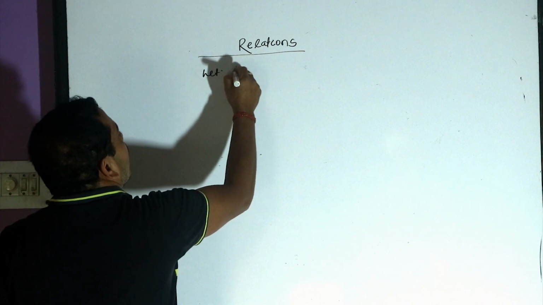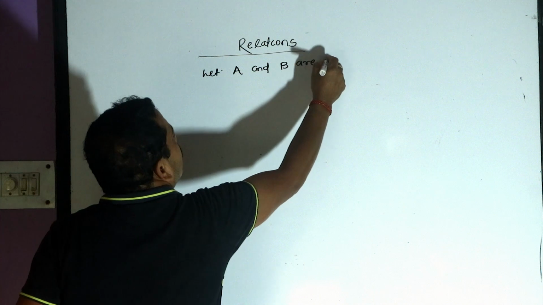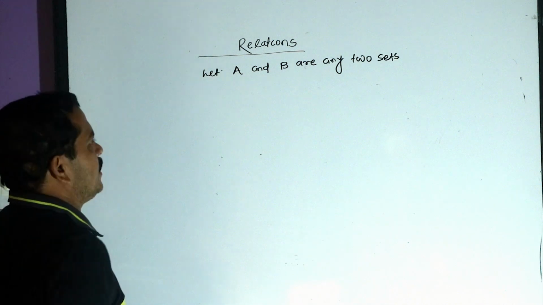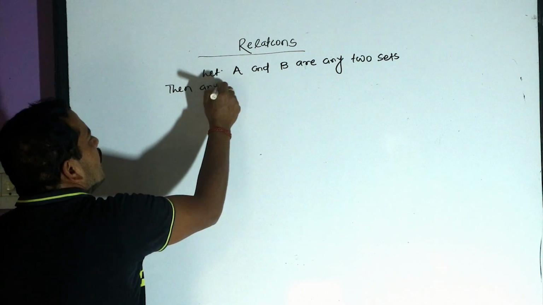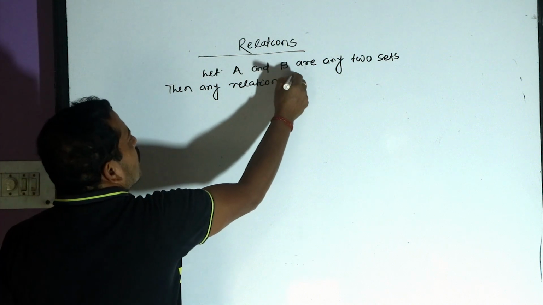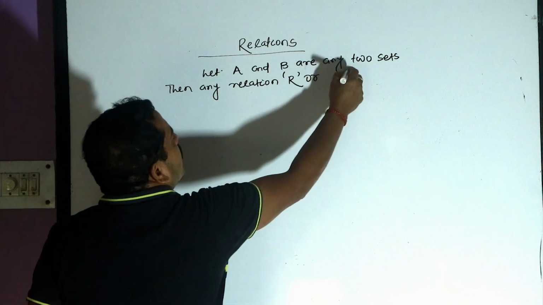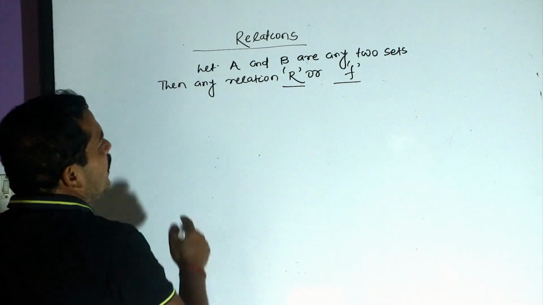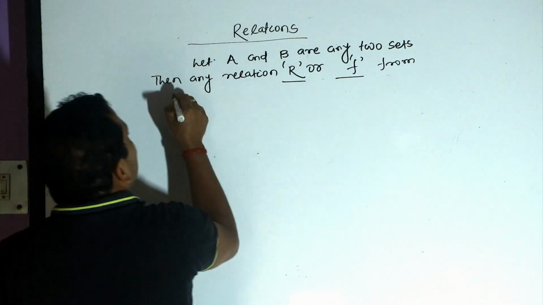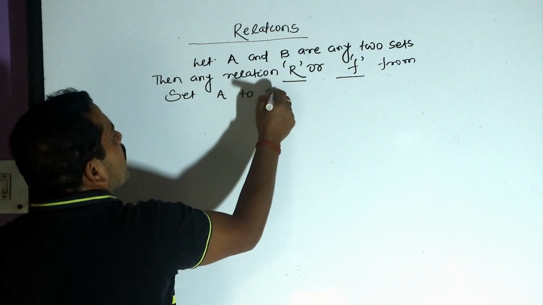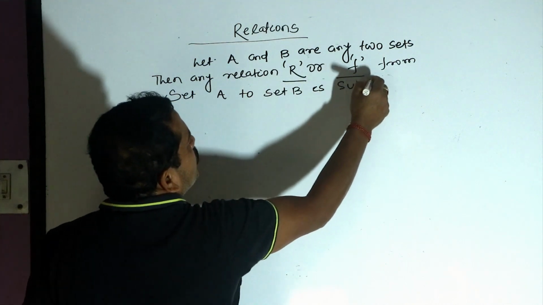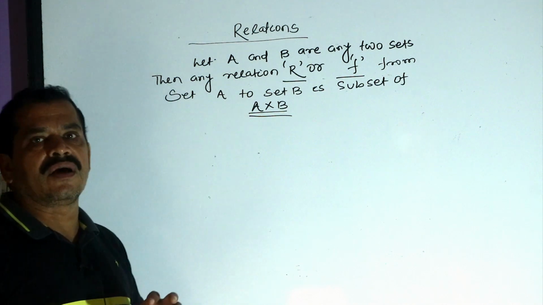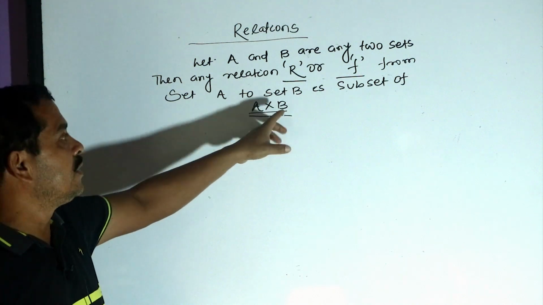Let A and B be any two sets. Then any relation R, or we can use the notation F also, from set A to set B is a subset of A cross B. That is the definition of the relation.